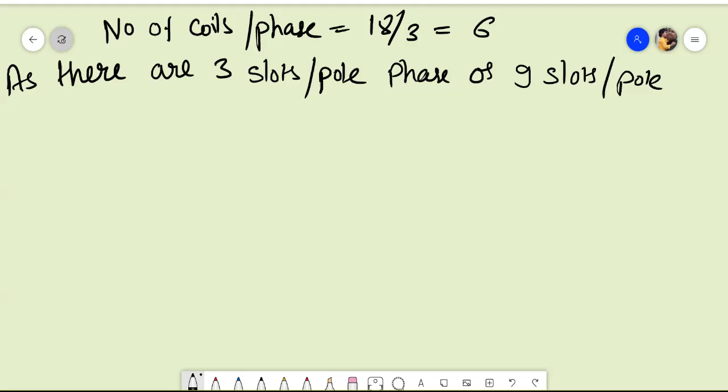Nine slots per pole. The coil span is 9 slots.